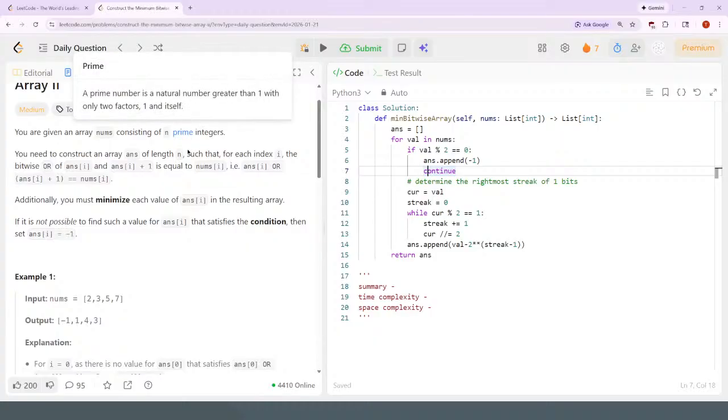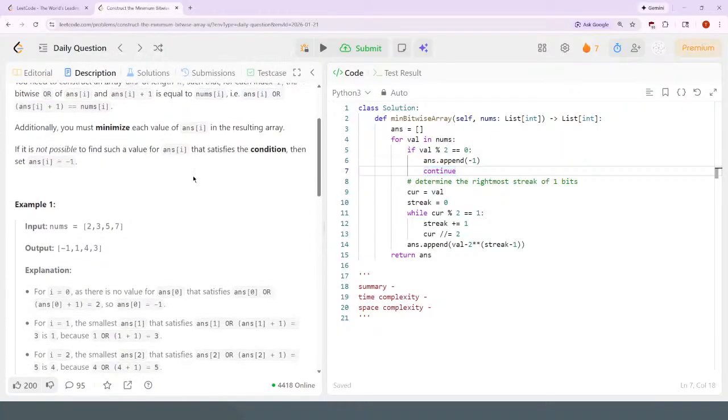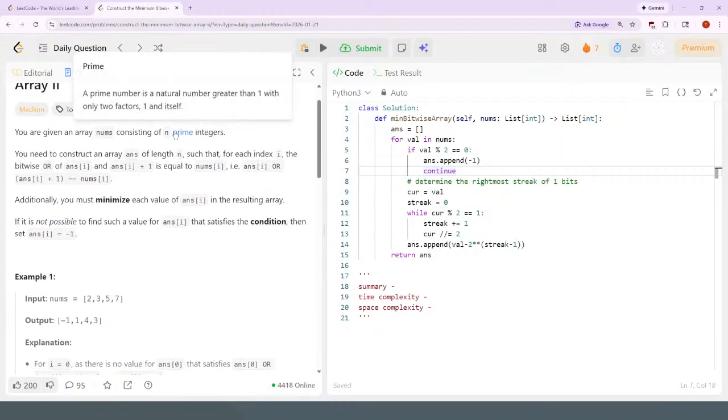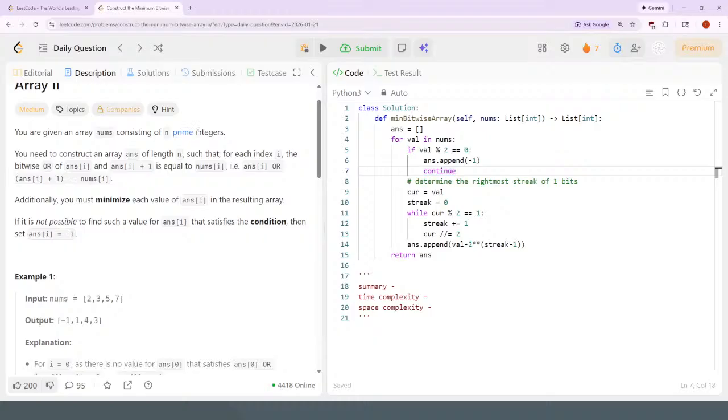I didn't really register that it was a prime number before. So if it's a prime number, then the only even one is 2, right?